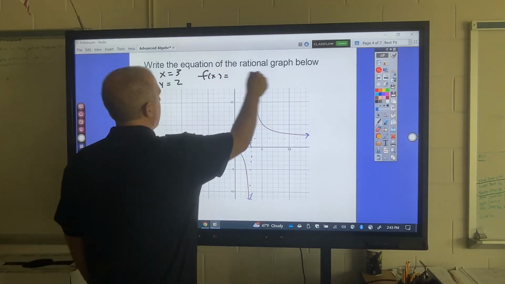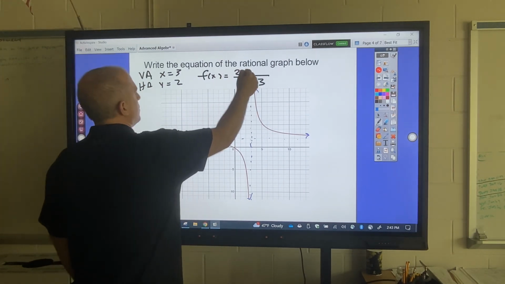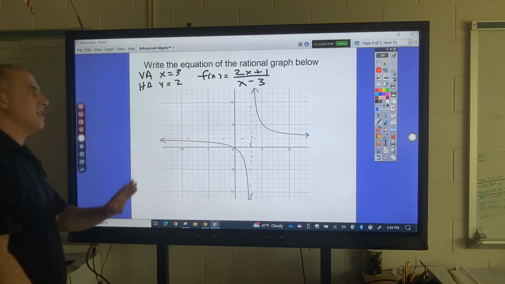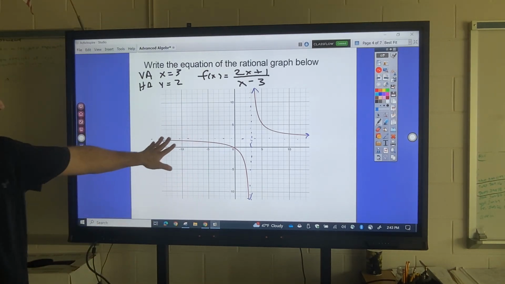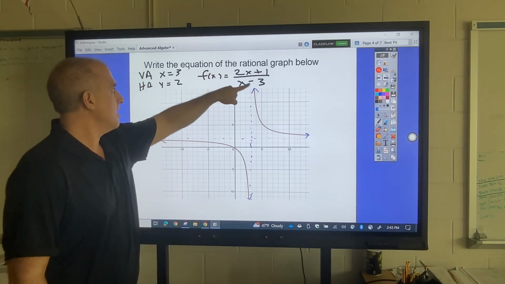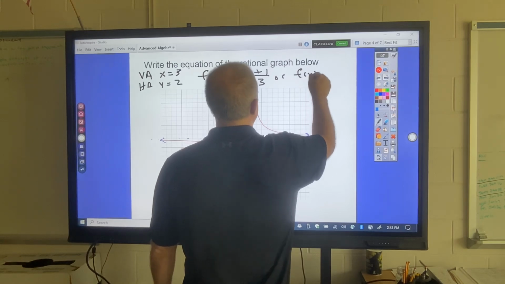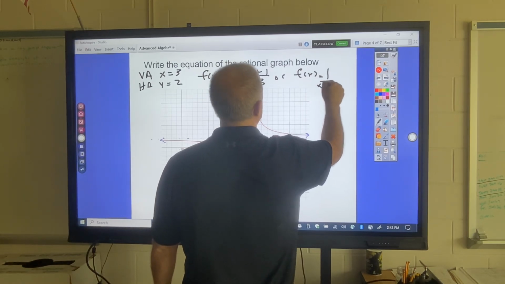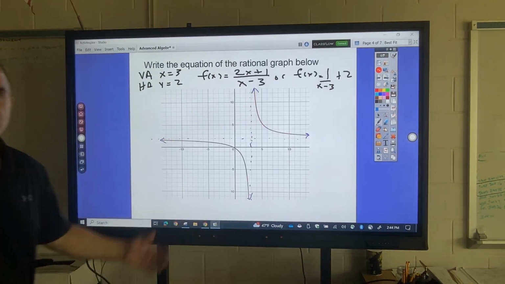I could write that as x minus 3 on the bottom, and the top could be like 2x plus 1. All I want to do is check the asymptotes. I'm not so much concerned about the intercepts there. So that would work, or I could have 1 over x minus 3 plus 2. That would also work, something of that nature.